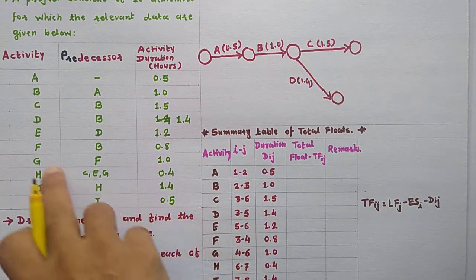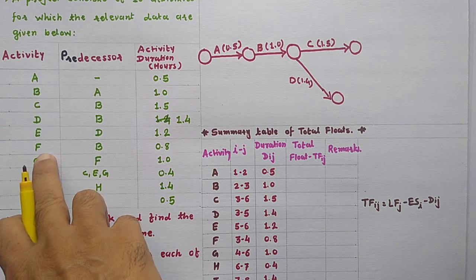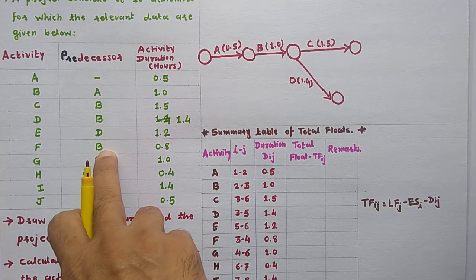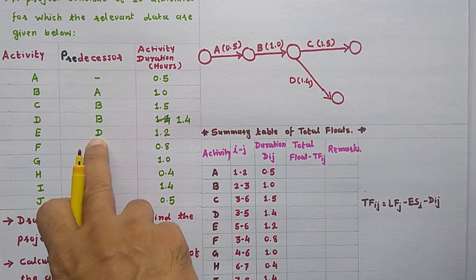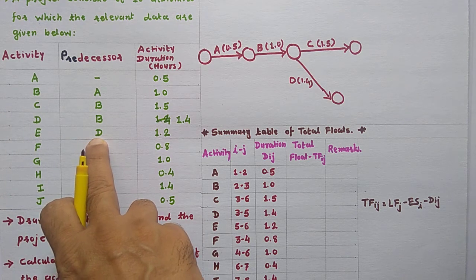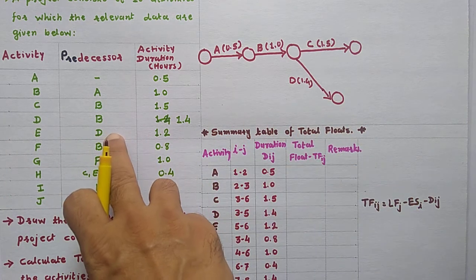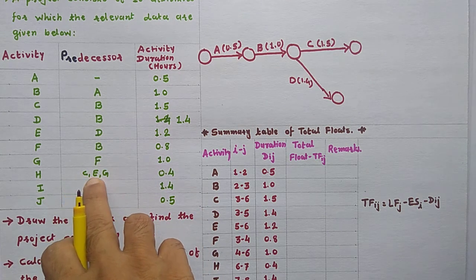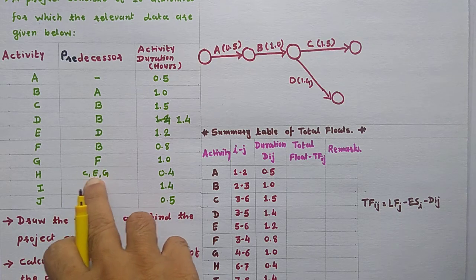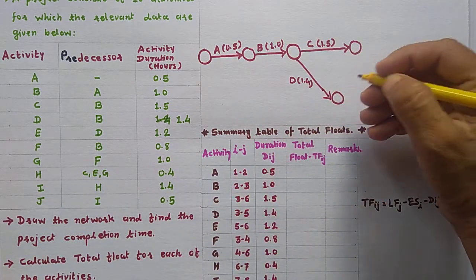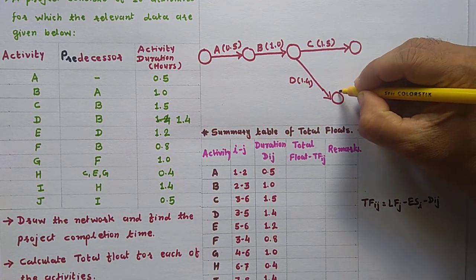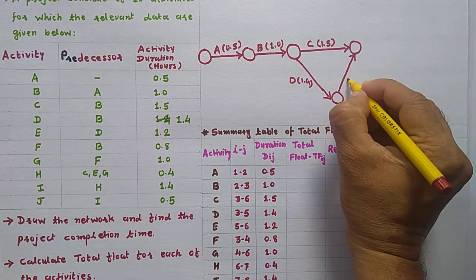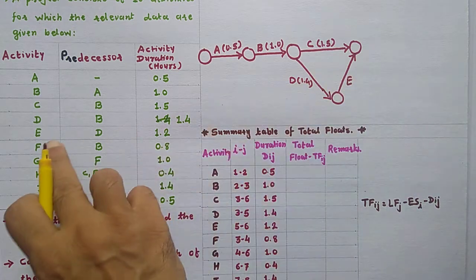Then activity E, predecessor D. So this is D, but keep in mind activity C, activity E and G will merge in one event. So I will draw the event where they merge like this. So this is activity E and duration 1.2.